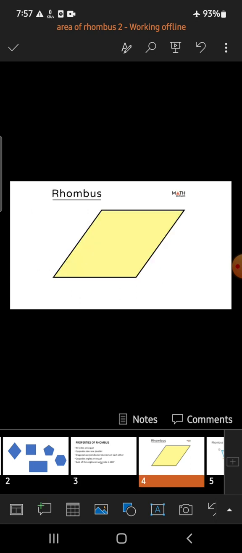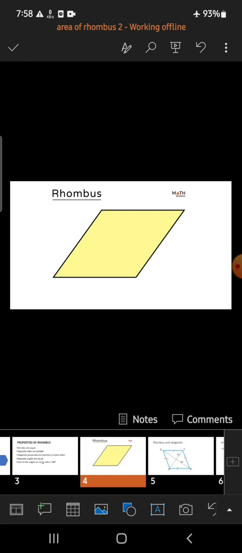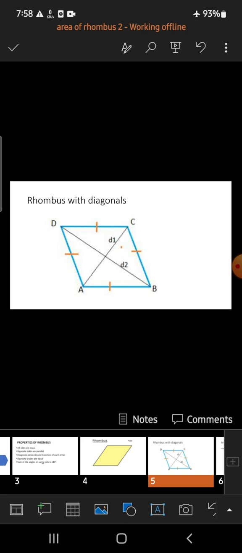Okay, so let's look at the rhombus. We can see here the rhombus, and going through the properties we can identify that all sides are equal, opposite sides are parallel, and coming to the diagonals, here it is. We can see the diagonals D1 and D2 and they are perpendicular bisectors.